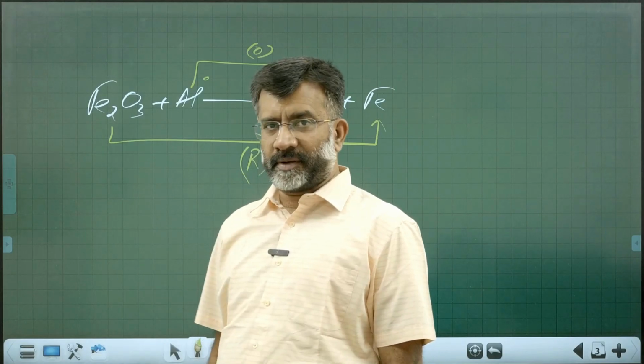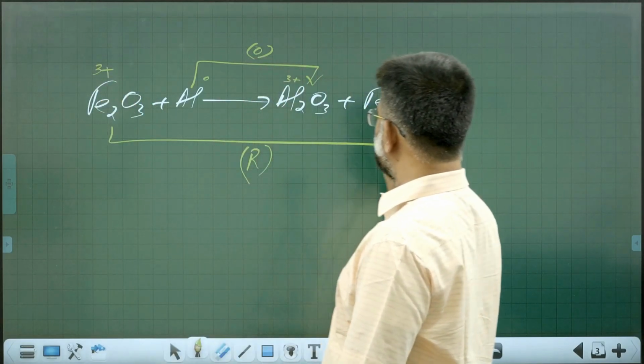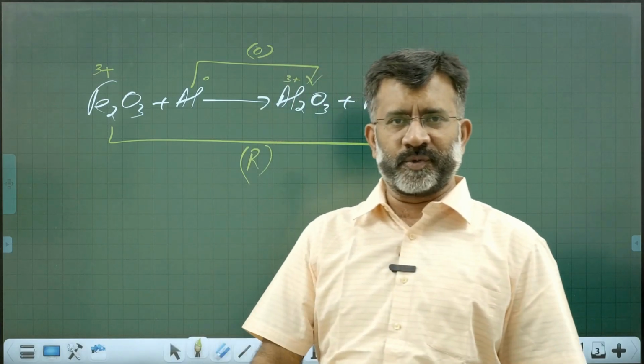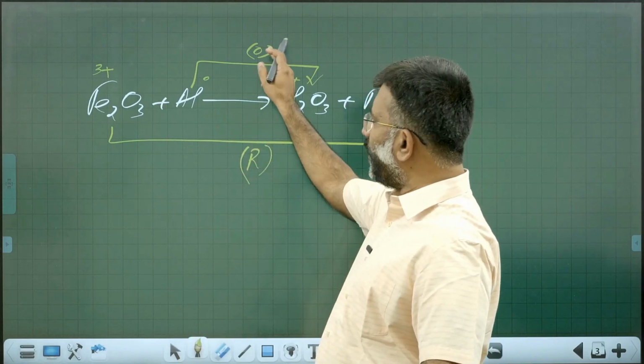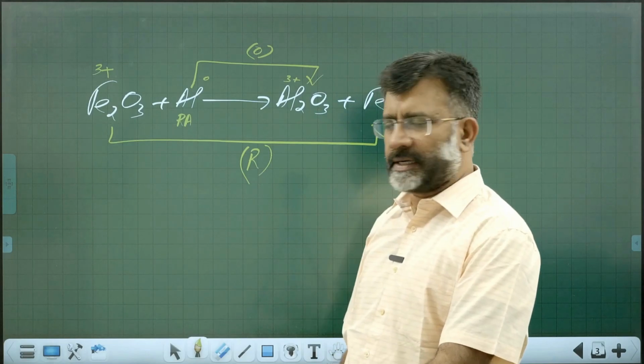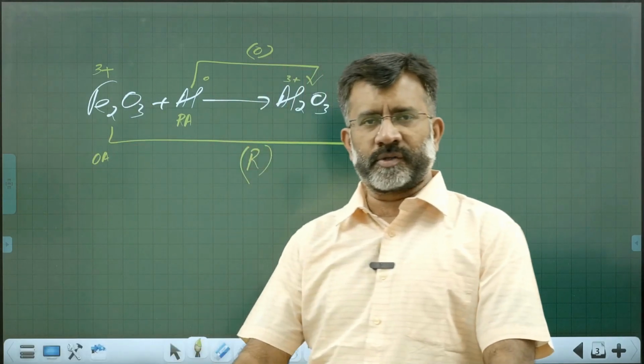Even it can be complemented with the electronic content. Iron 3+ is reduced to 0. So here, which is the oxidizing agent and which is the reducing agent? The one which undergoes oxidation, aluminium, is the reducing agent, that is reductant, while iron oxide is the oxidizing agent, that is oxidant.